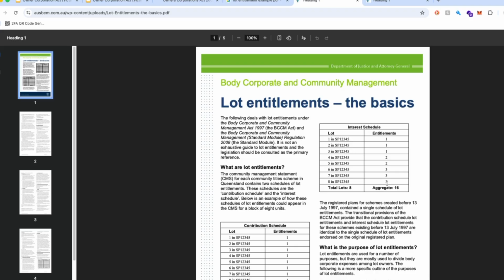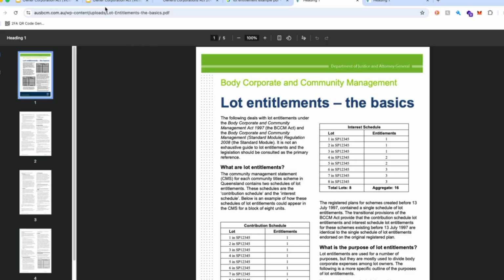Assuming the annual OC fee is, let's say, $1,600, then this lot 8 will pay 3 out of 16 shares of that, which is roughly around $300. So basically, the more entitlement your lot has, the more you pay in OC.